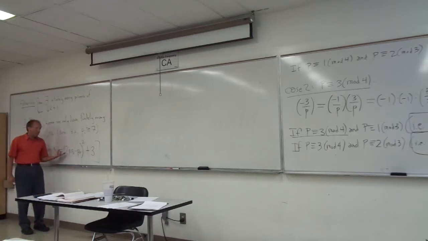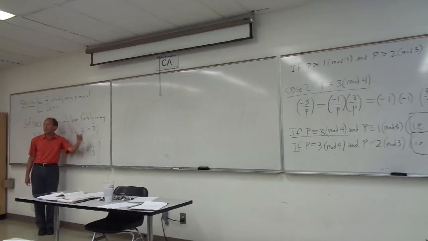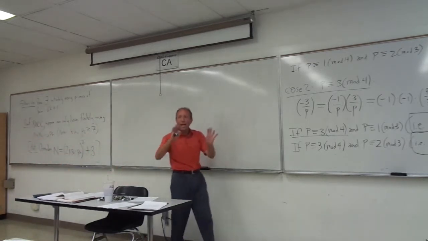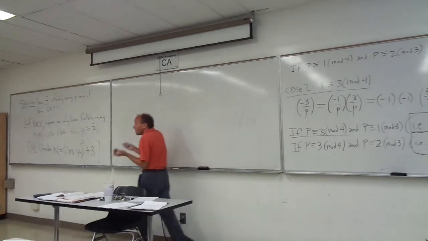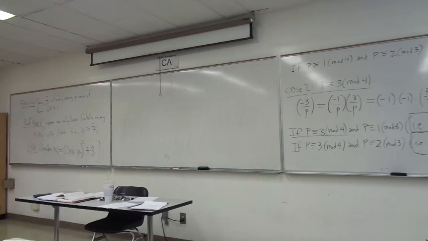and is this number even or odd? This is 2 squared is even plus 3, so it's an odd number. I thought you meant, no, the whole thing. Okay. The whole thing. So the whole number n is odd. So if it has a prime divisor, that prime divisor must therefore be odd, right? Okay, so let's just point this out.